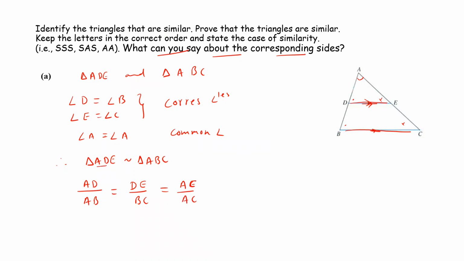So you can see that's AD, AB, then DE and BC, and then AE and AC.